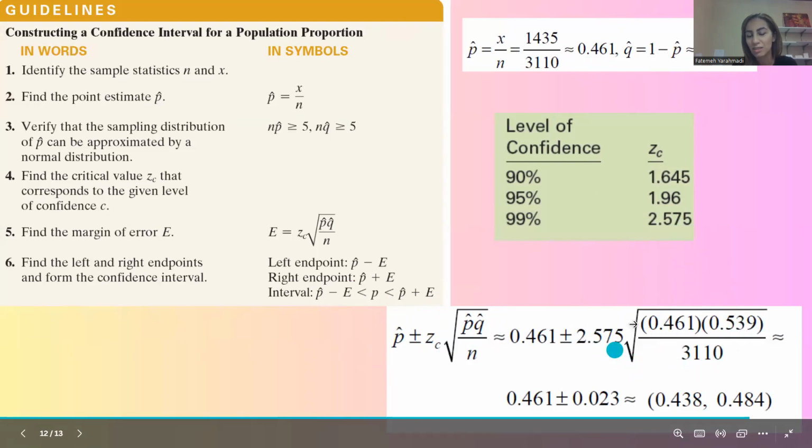This number, this margin of error, is about 0.023. So adding and subtracting these two numbers give you the lower bound and the upper bound. The lower bound is 0.438 and the upper bound is 0.484.